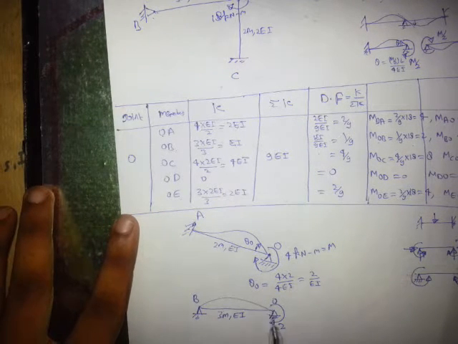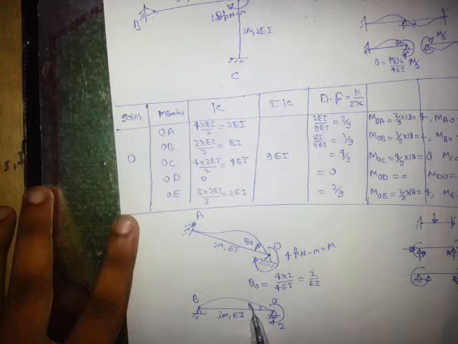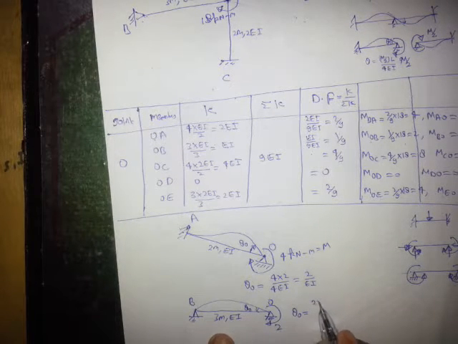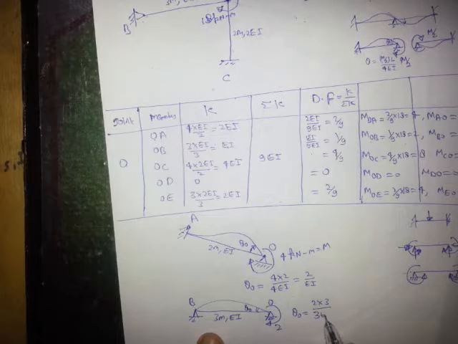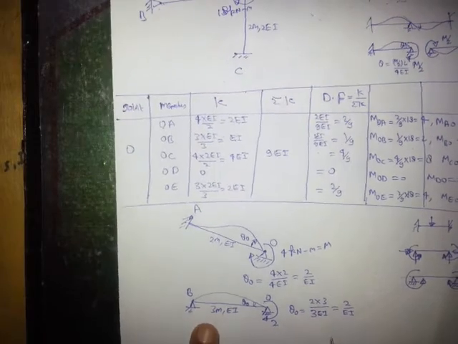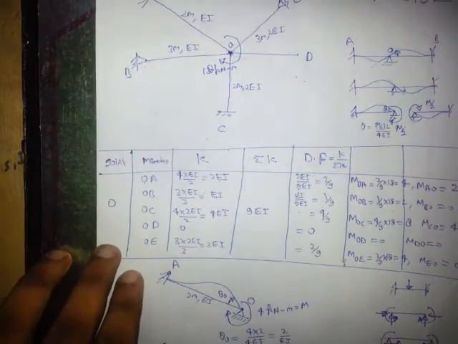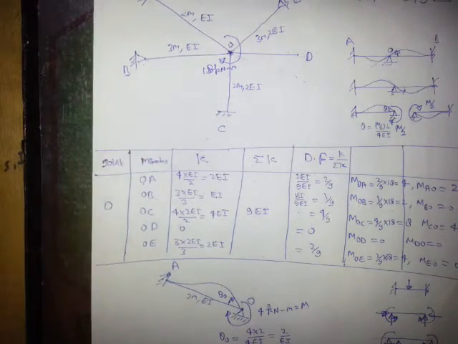This is again theta O, which can be calculated from this figure since the far end is hinge. So the answer will be ML upon 3EI. M means 2, L means 3, ML upon 3EI. So it will again be 2 upon EI. So you can calculate this rotation of joint O from either of the figures, right?